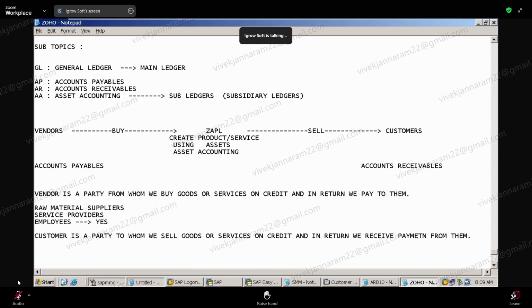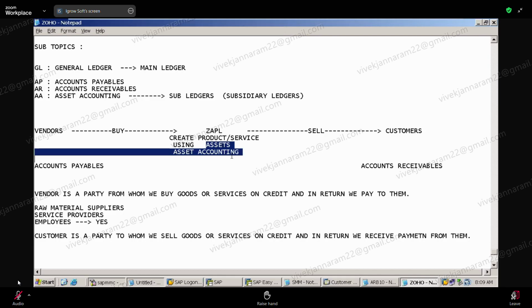So we maintain the accounts for the assets. All these assets will be maintained in the asset account. A tea seller will have a couple of 5-10 assets, but a big company will have thousands of assets. We should have a record of how many assets we have. That we maintain in the asset account. Is that clear? Good.